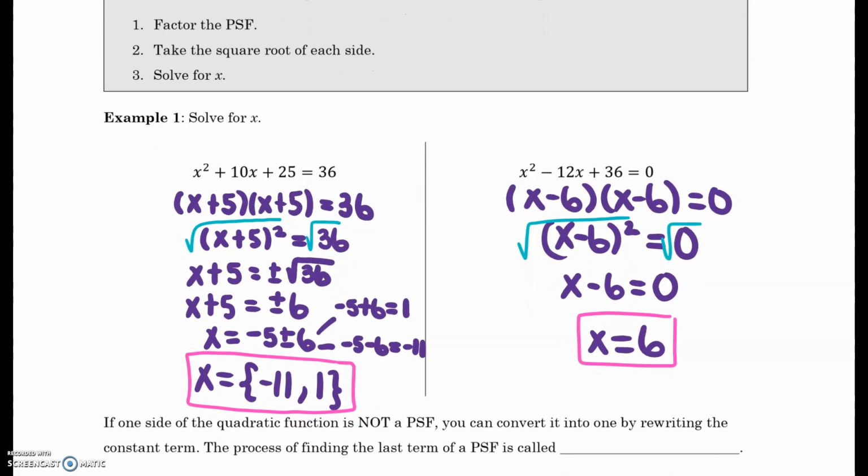If one side of the quadratic function is not a perfect square trinomial, you can convert it into one by rewriting the constant term. We call this process, which is really finding the last term of the perfect square trinomial, completing the square.